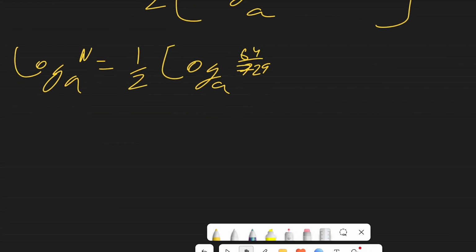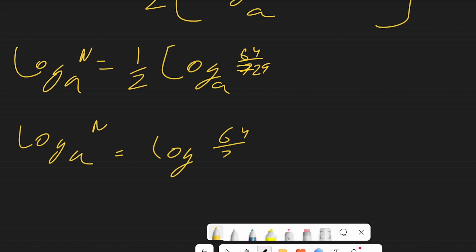Now log of n to the base a is equal to log of 64 over 729 whole power 1 over 2 to the base a. Now I know 64 is a perfect square, that would be converted into 8. Let's see if 729 is as well.